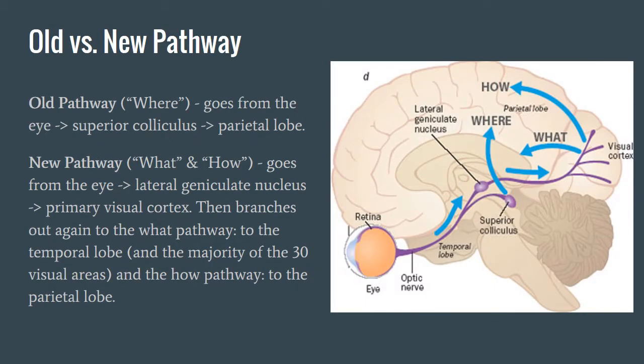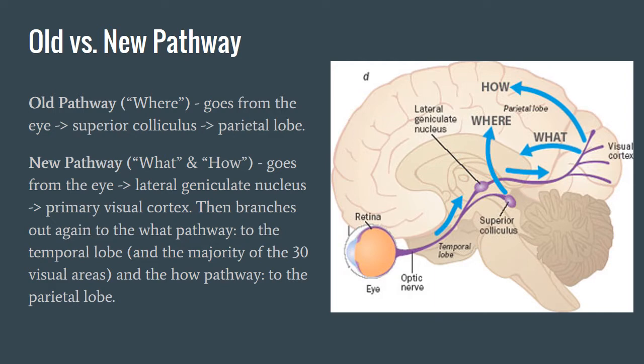This picture shows where the visual information is entered and stored in the old and the new pathway. The old pathway is also called the where pathway. It goes from the eye to the superior colliculus and then to higher cortical areas, especially in the parietal lobe. The new pathway is also called the what and the how pathway.